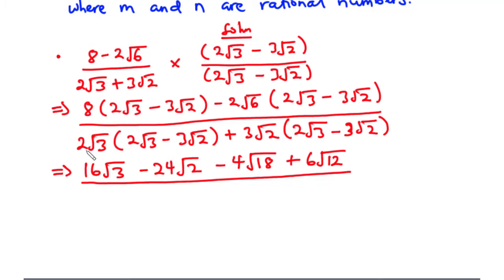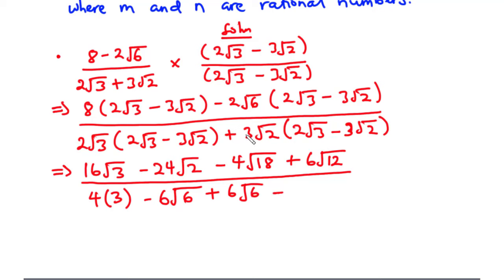So divided by, now we have 2 times 2 is 4, and then root 3 times root 3 is root 3 squared. So root 3 squared is 3. So we have 4 times 3 minus, we have 2 times 3 is 6, and then we have root 3 times root 2 is root 6, plus 3 times 2 is 6, root 2 times root 3 is root 6.